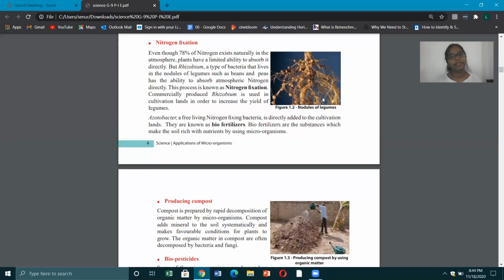Okay, and there is a free living nitrogen fixing bacteria that has been added to cultivation lands, known as Acetobacter, and they are known as biofertilizers. This question used to appear in our times as well, so it might be a very special question for you as well.